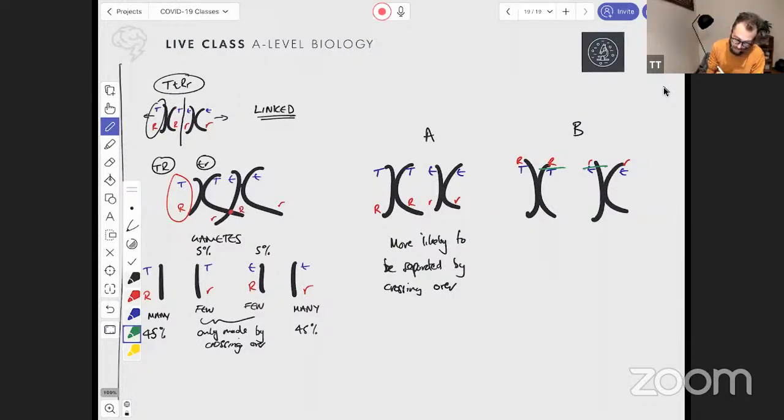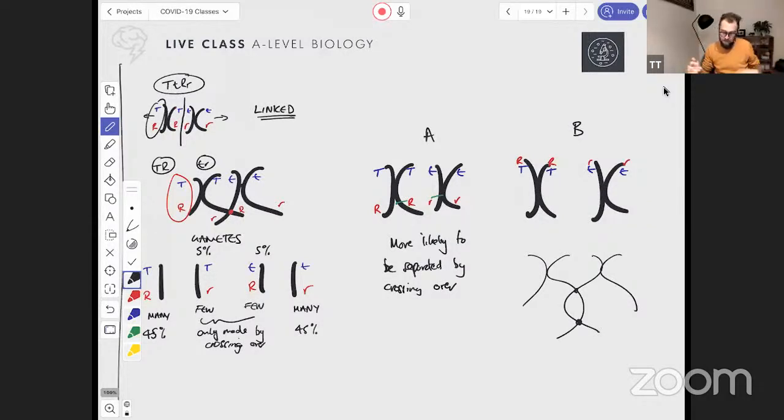Because they're right next to each other. Whereas if you've got a long distance between them, it's more likely. And sometimes they do super weird crossings over where it crosses over between here and here and they just swap that middle section. Does that kind of make sense? It's not always the ends, it can happen in many different ways.